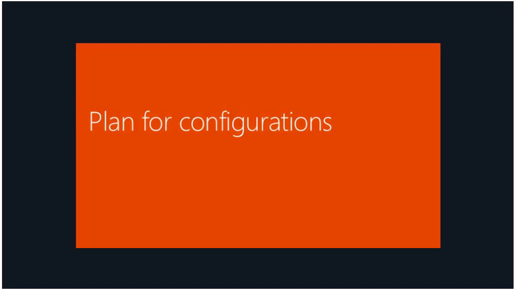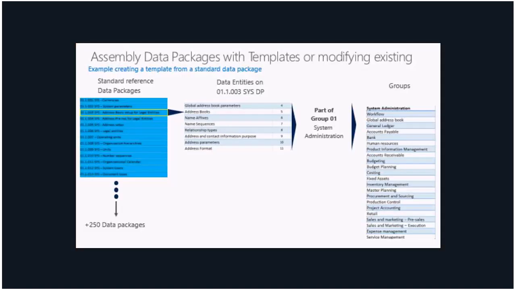But first, let me start with one implementation aspect of data management, and this is something that is very important to plan since the start. Typically, on any implementation, depending on practice, maybe as a partner we can focus on a specific industry.